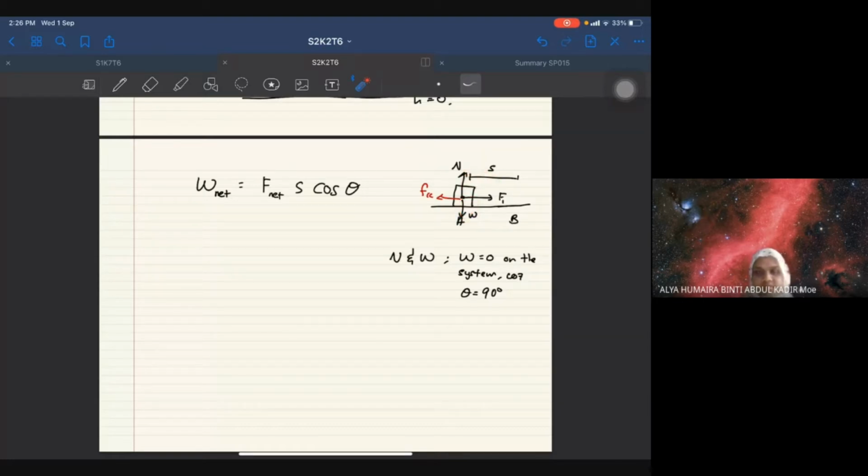So apa? Theta ni mesti daripada S dengan force tu lah. So S is in that direction. Okay, so in terms of work done on the system or by the system, the one that contribute is actually your F1 dengan FK.